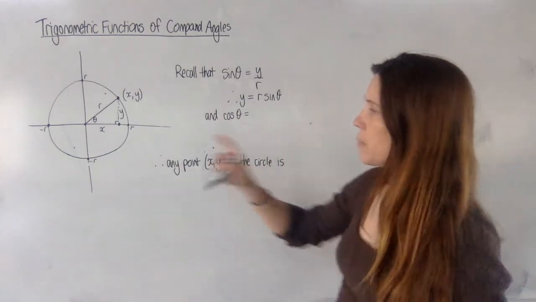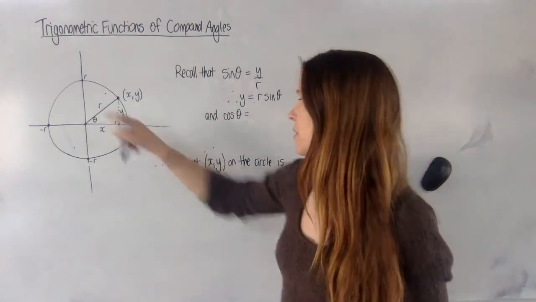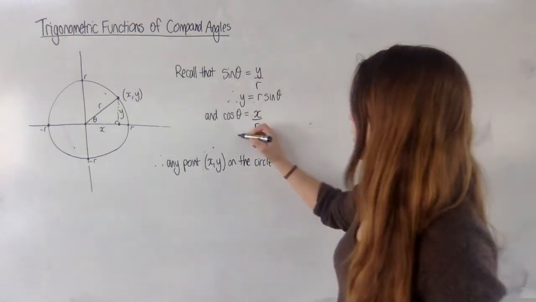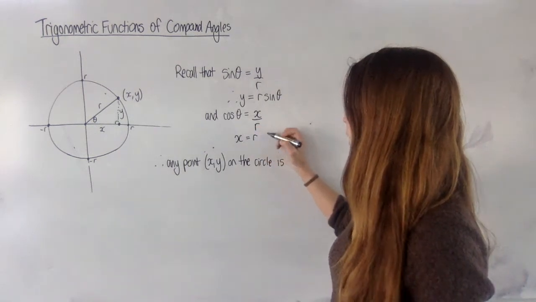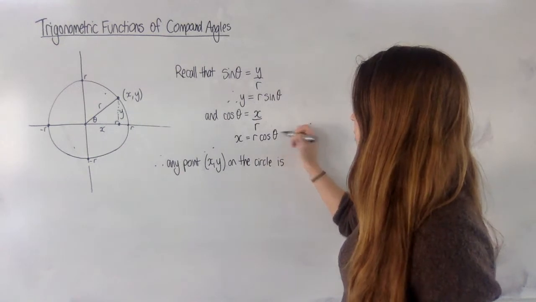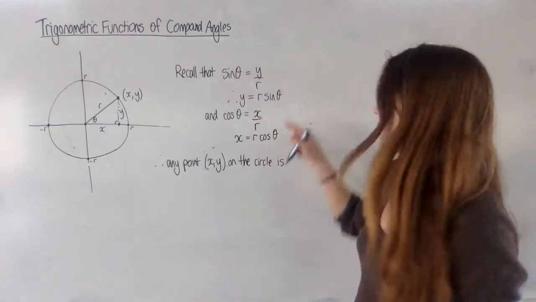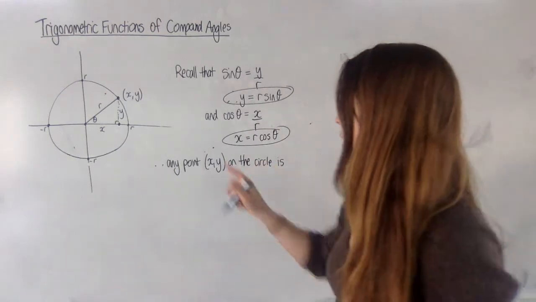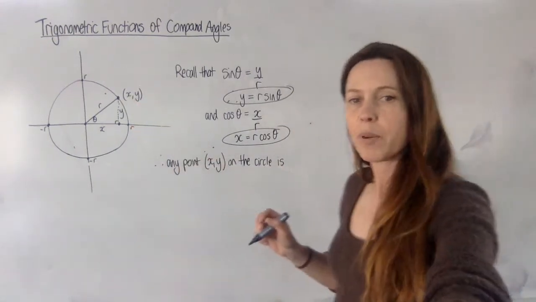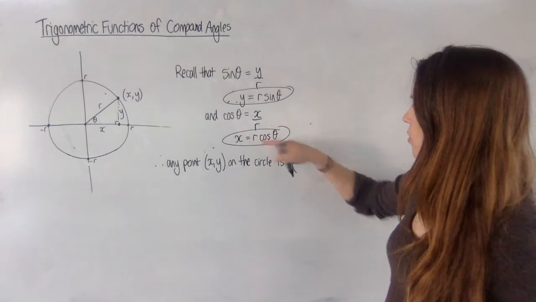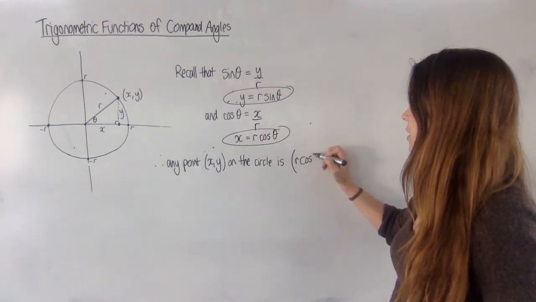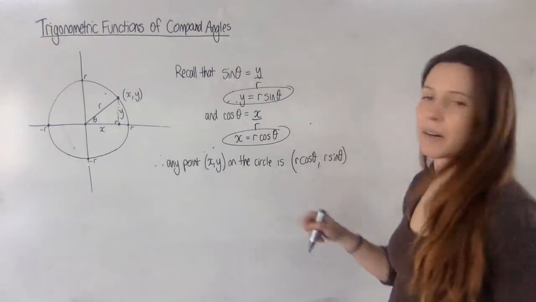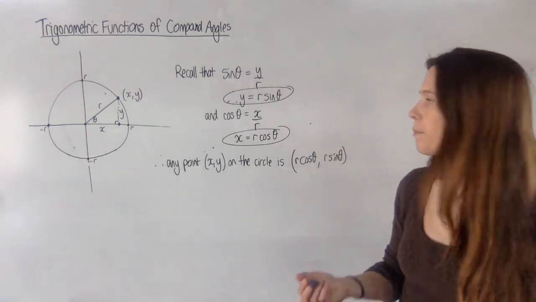Similarly, cos of theta is adjacent over hypotenuse, so x is r multiplied by cos of theta. So we could call any point on the circle xy, but we could also call it r cos theta, r sine theta, because those are its x and y coordinates.